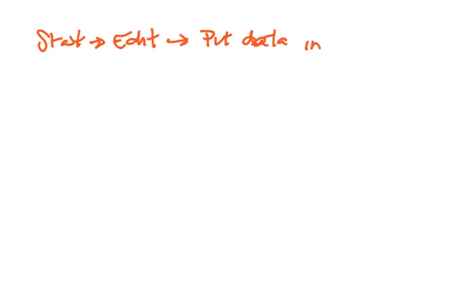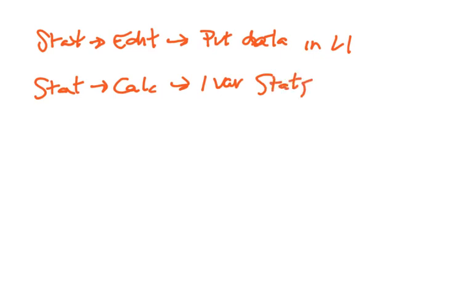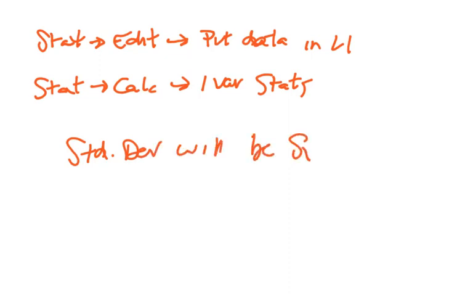How do I find it? Well, if I go to stat, edit, and put my data in L1, then I can go to stat, calc, one variable statistics, and standard deviation will be the S sub x number that comes up when you do that on your calculator.